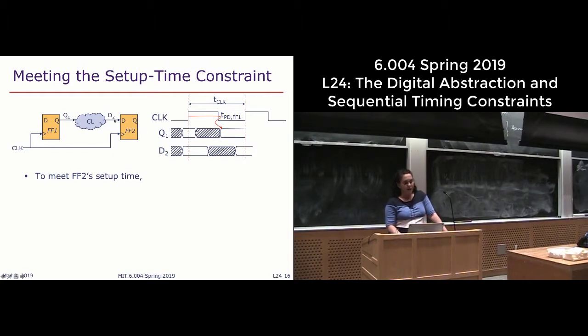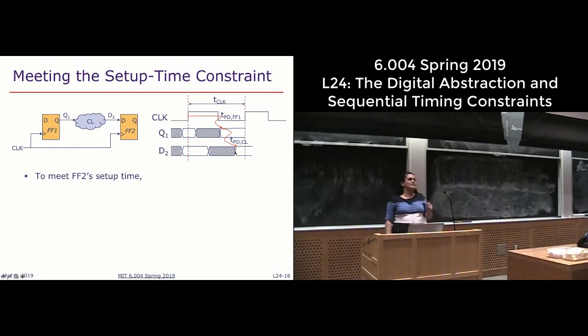Once Q1 reaches a stable value, that becomes the stable input to this combinational logic, which we've drawn here as a cloud. And that's going to affect my input to my second register, D2. The amount of time it takes for D2 to reach its new stable value is another propagation delay, of my combinational logic, after the propagation delay of my register.